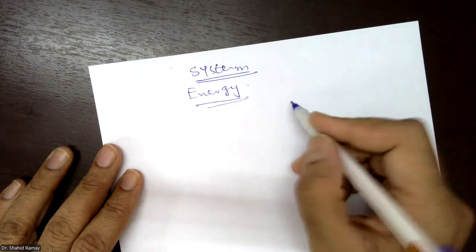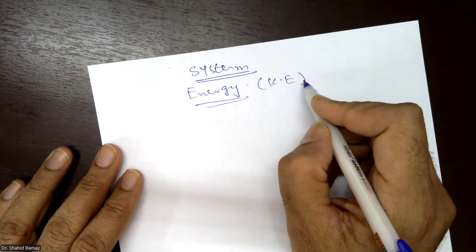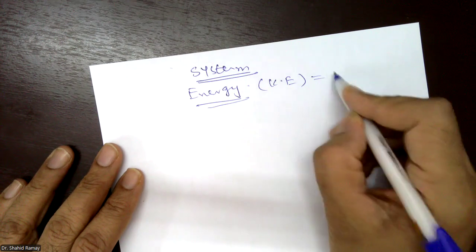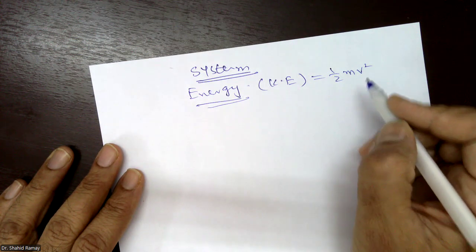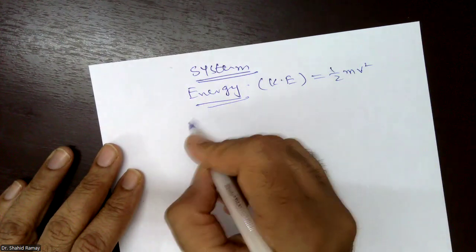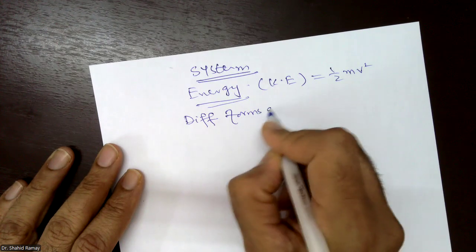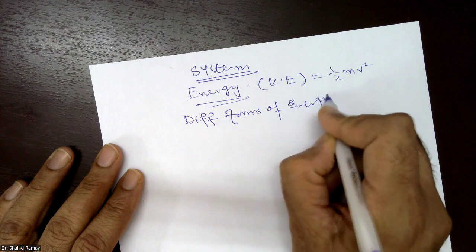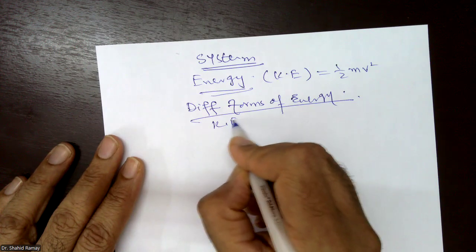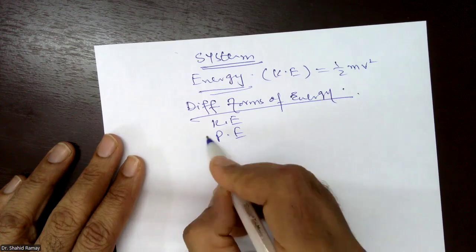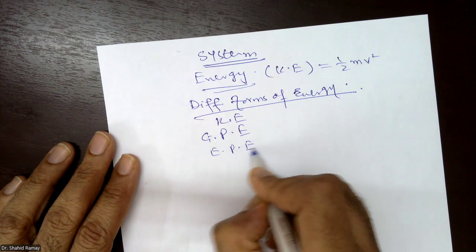In energy, we studied kinetic energy. The kinetic energy is equal to half mv square. And we also studied different forms of energy: kinetic energy, potential energy, and this potential energy can be gravitational or elastic potential energy.